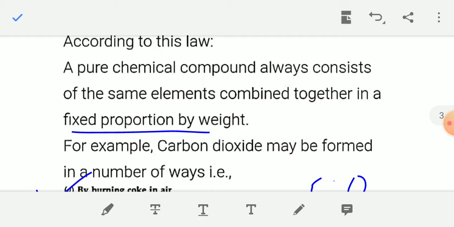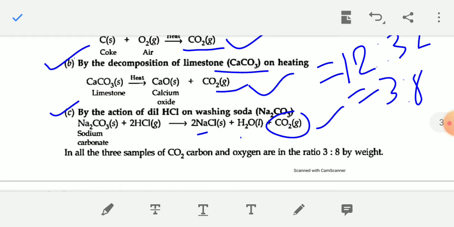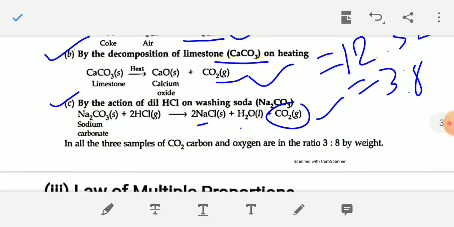In all these three methods of preparation, carbon dioxide is formed by the combination of carbon and oxygen, and the formula is CO2 always. So a pure chemical compound always consists of the same elements combined together in a fixed proportion by weight. That means the mass ratio or weight ratio will always be equal.